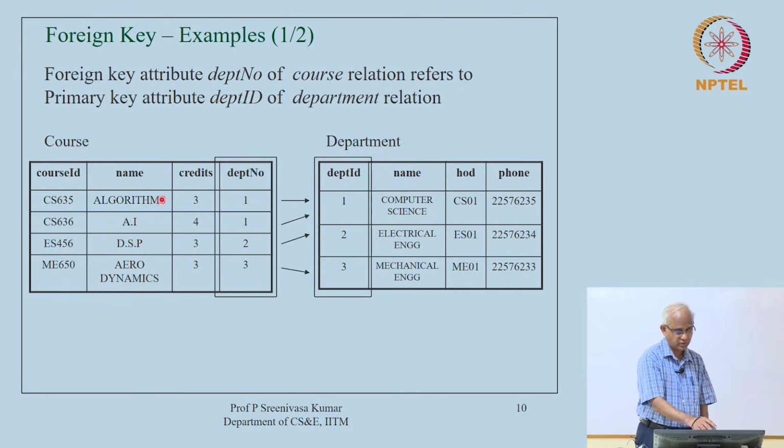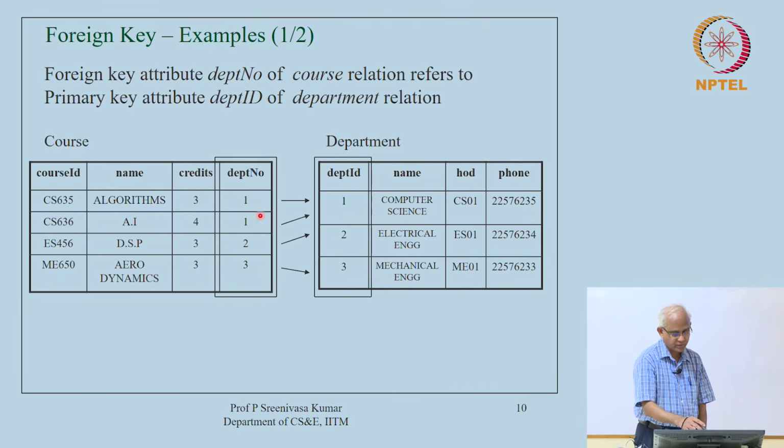So, algorithms is being offered by department number 1, which you can look up here and find out is in fact the computer science department. And this DSP, digital signal processing, is being offered by 2, which is the electrical engineering department.